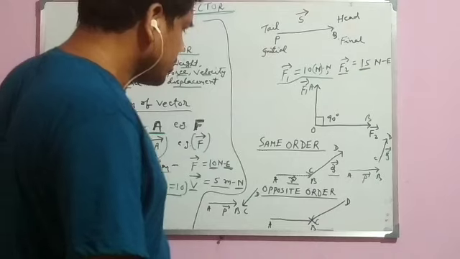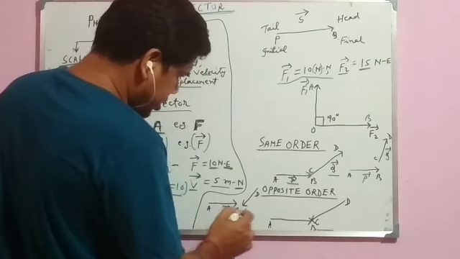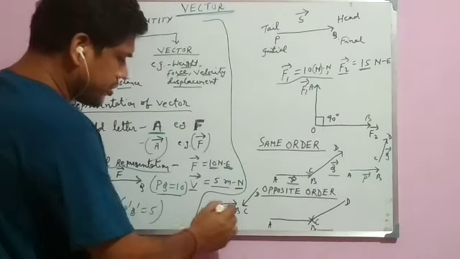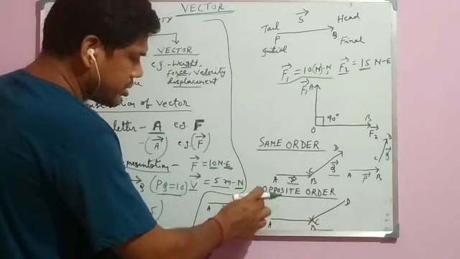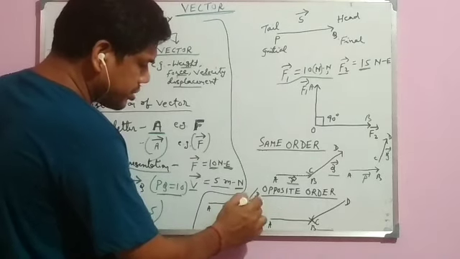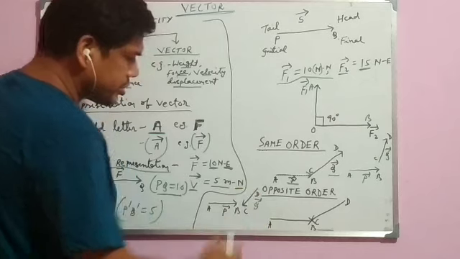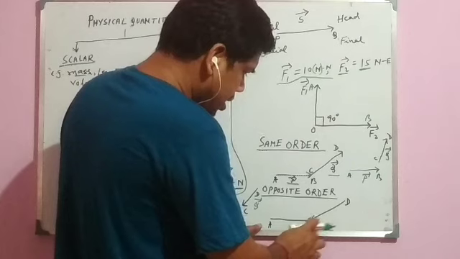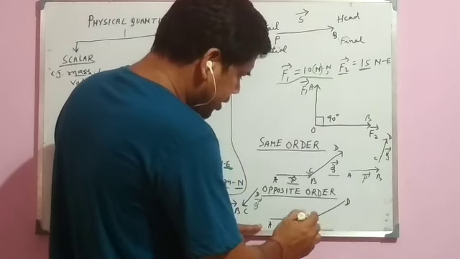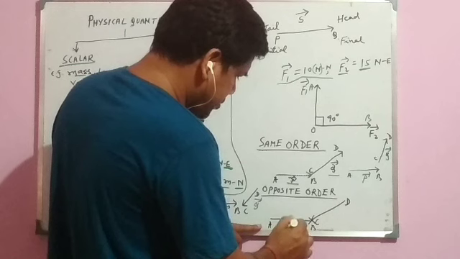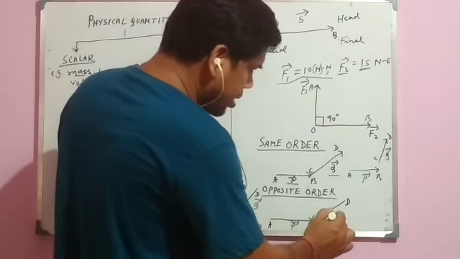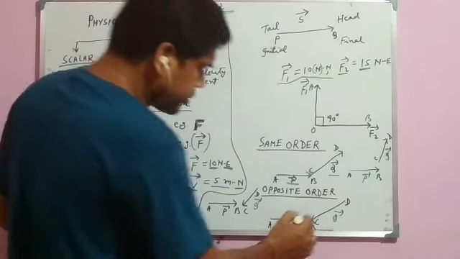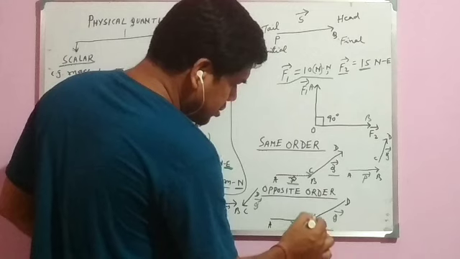Now for opposite order, again we are taking two vectors, the P vector represented by the line AB and the Q vector represented by the line CD. Here the head point of this P vector, which is B, and the head point of the Q vector, which is C, coincide with each other like this.